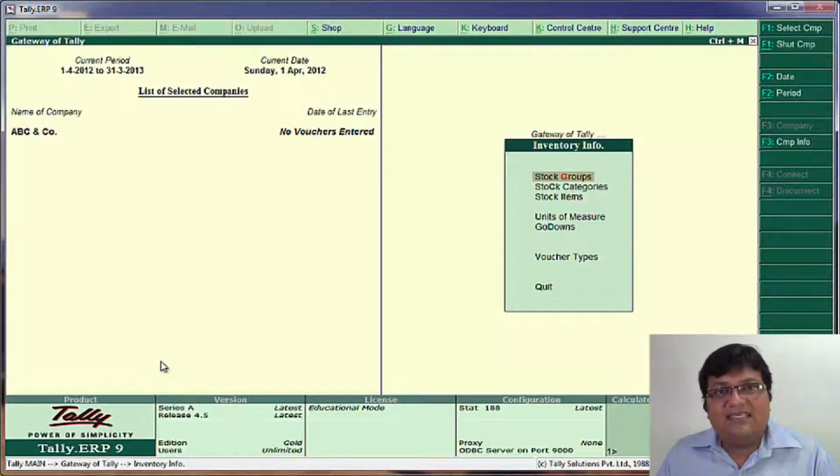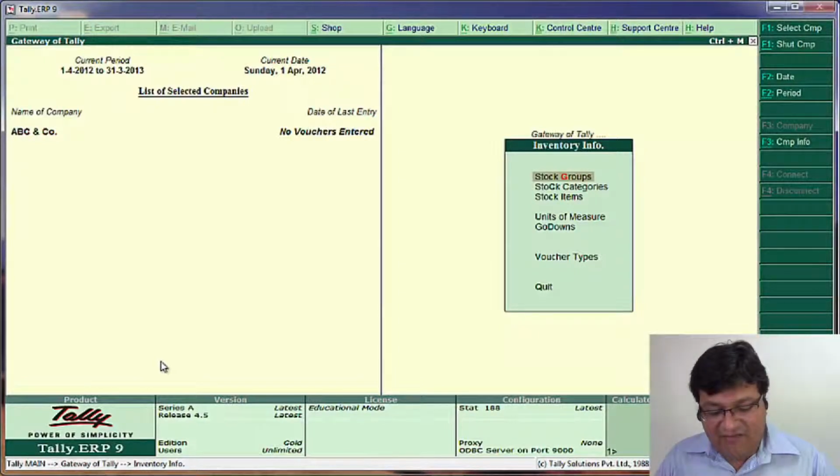Based on these categorizations and features, you would like to categorize your stock items and club them together to see a complete report. Now let's say you're dealing in televisions, but you have different brands of televisions. So what will happen in such a case? Your different brands may become stock groups.